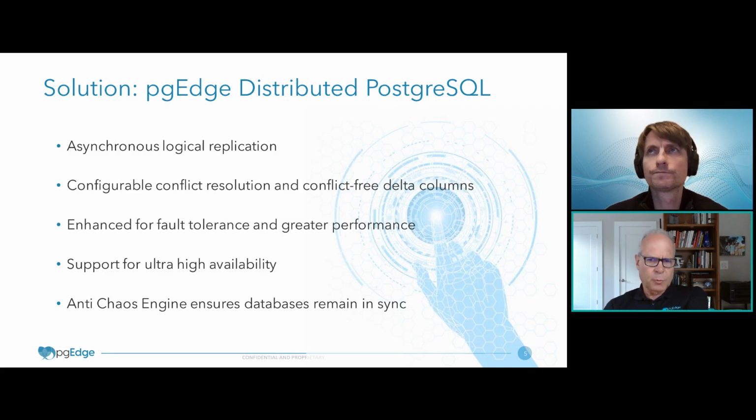We're not going to dwell too much on the product other than showing it to you, but just quickly, some of the features and the way it works is it's built on the idea of asynchronous logical replication.